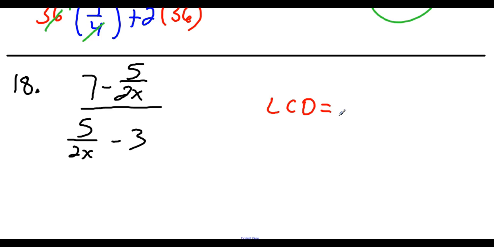And same thing, still got to have the least common denominator. The good news with this problem is you've got the exact same thing in both denominators because you've got 2x in this fraction and 2x in this fraction. So you only have one option for the least common denominator. It's got to be 2x.